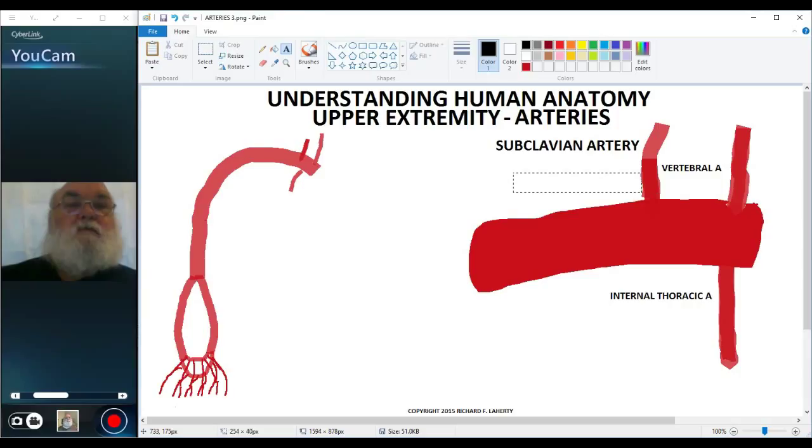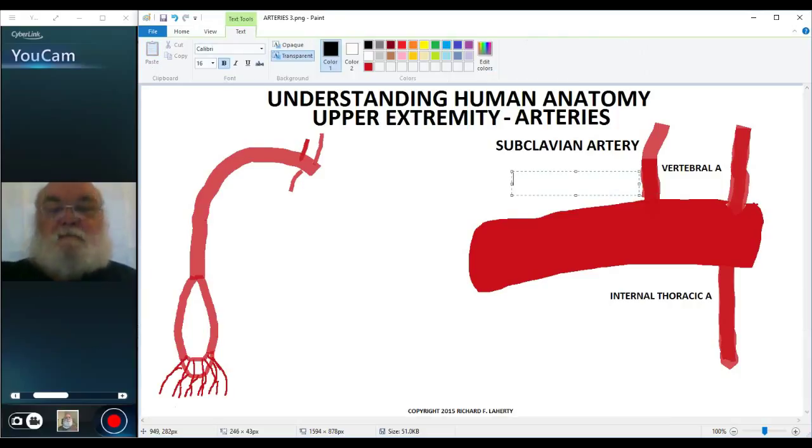So this provides half the vascular supply to the thyroid gland. And whenever you see the term trunk, it could be replaced by artery.